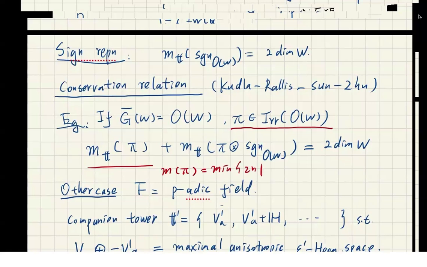2n such that the big theta of pi is nonzero.